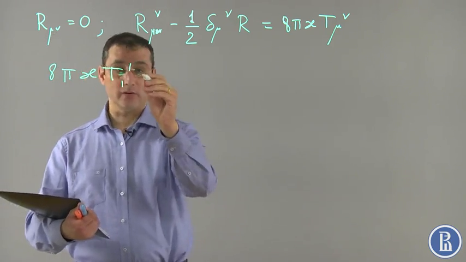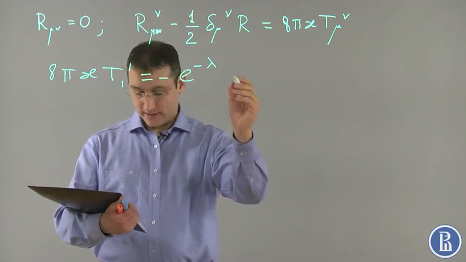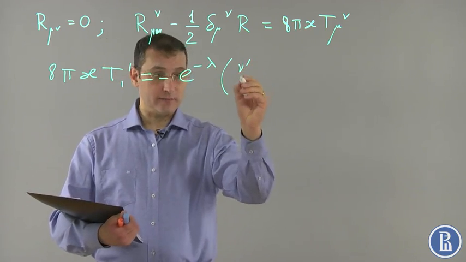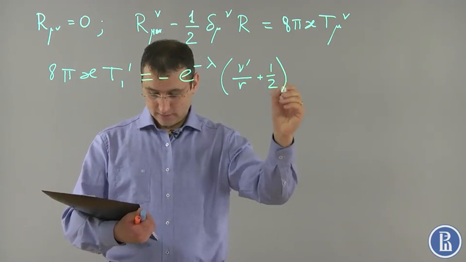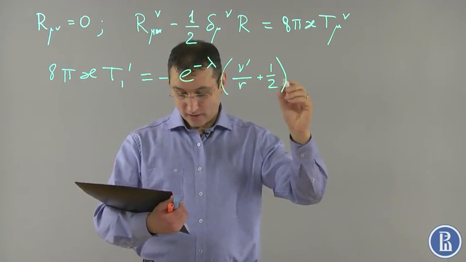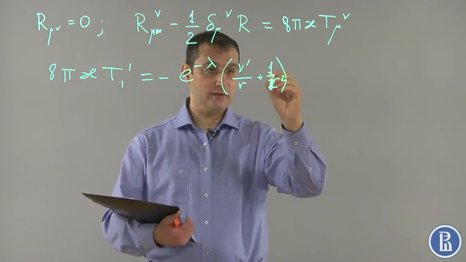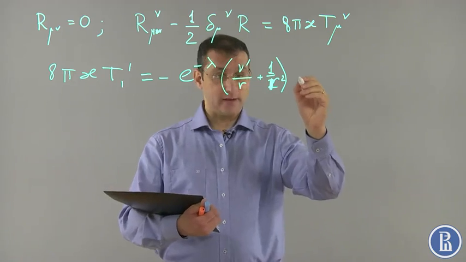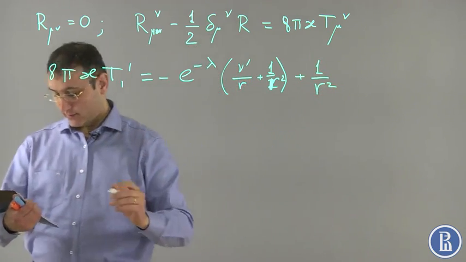T11 equals minus e to the power of minus lambda times nu prime over r plus 1 over r squared, plus 1 over r squared.